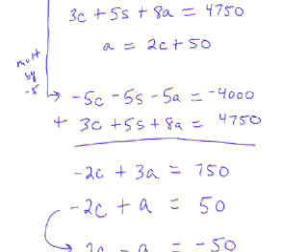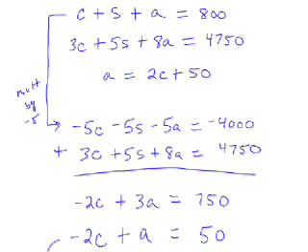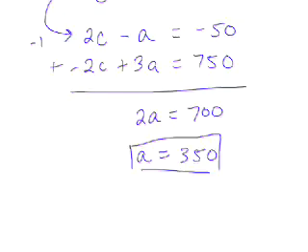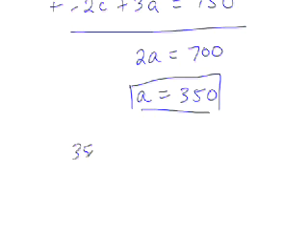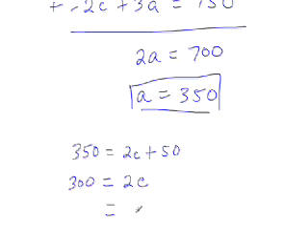So 350 equals 2C plus 50. Subtracting 50 from both sides gives us 300 equals 2C. Dividing by 2, C is equal to 150.